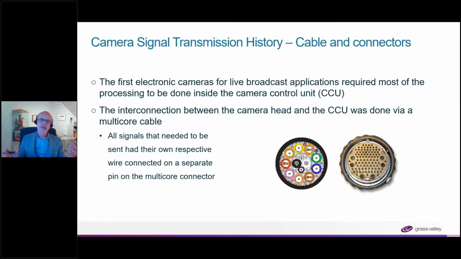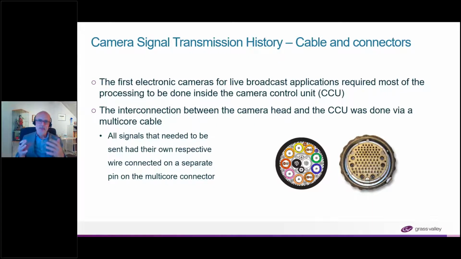It means a lot of signals had to be sent between the camera head and the camera control unit, or the CCU. The interconnection between the two units was based on a multi-core cable, and every single signal which needed to be sent up and down between the head and the CCU had its own core. There were multiple coax cores, some power cores and some signal cores.